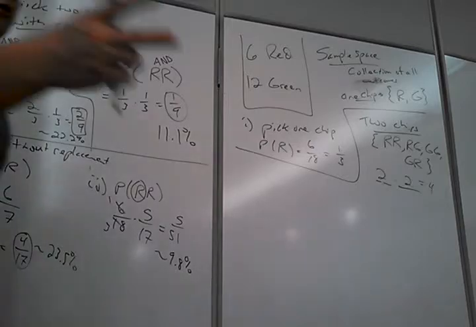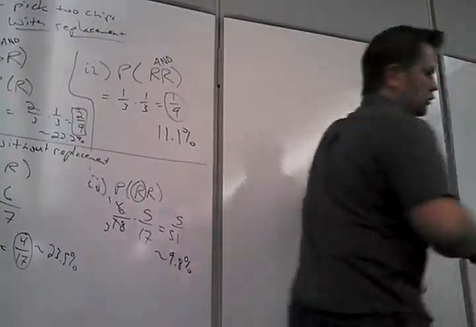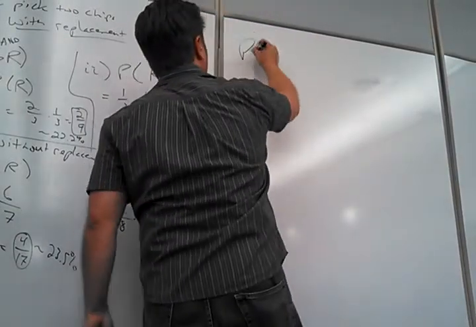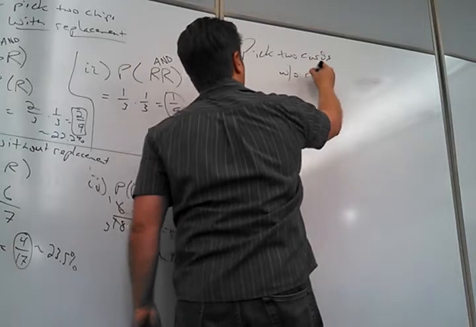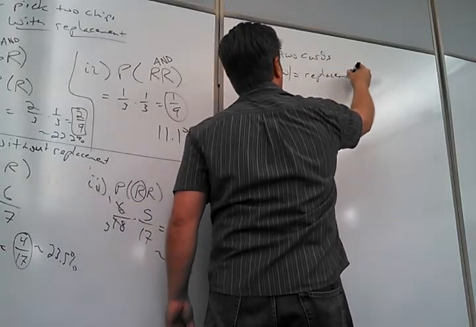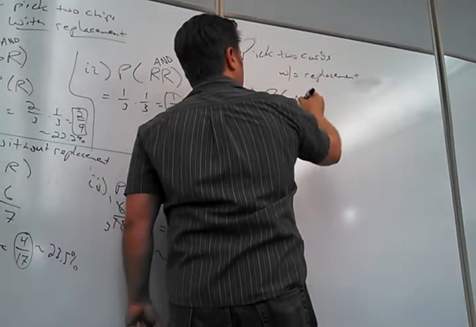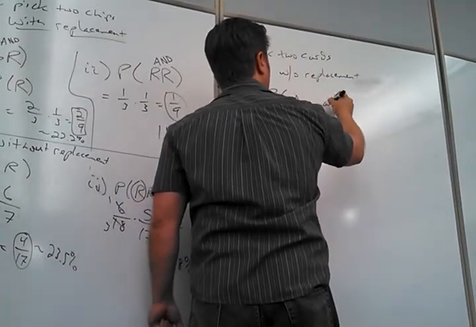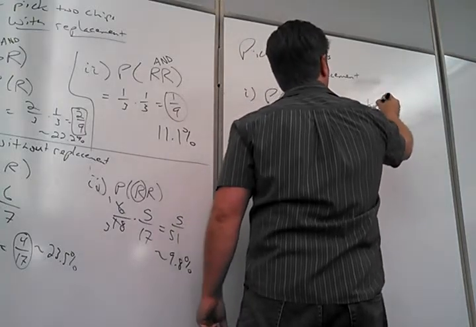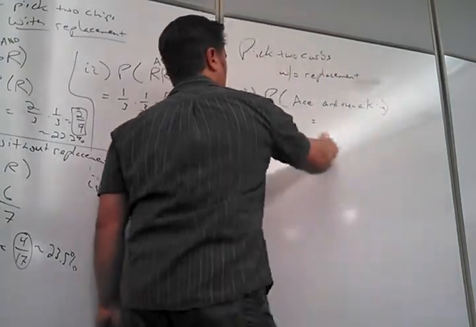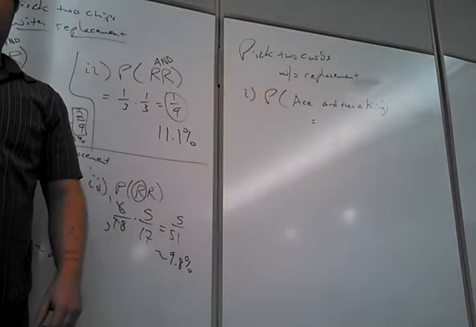Okay. So I could do it with a deck of cards. If I pick 2 cards without replacement, let's say the probability of getting an ace and then a king. What would that be?